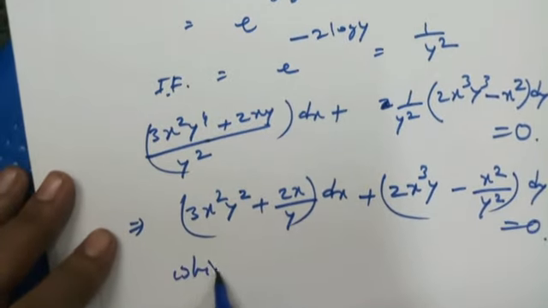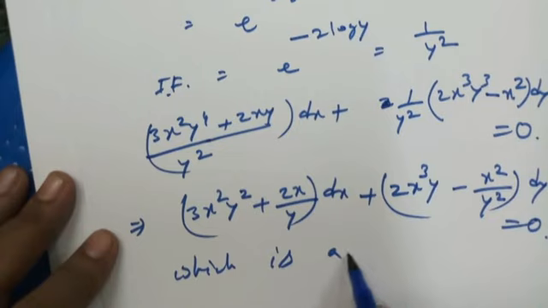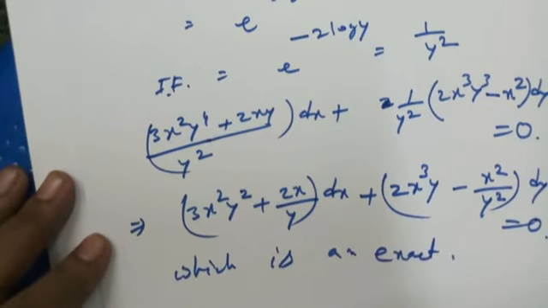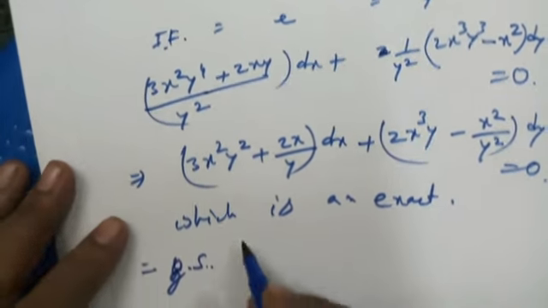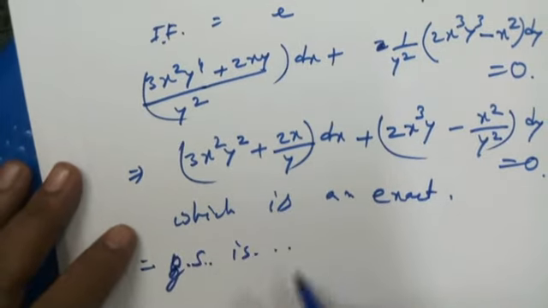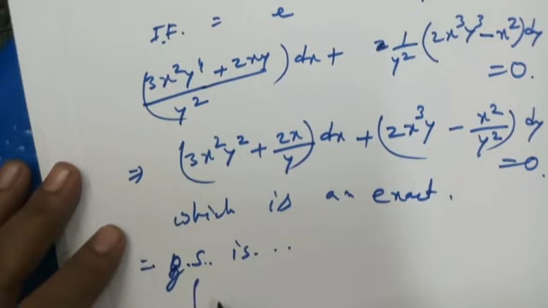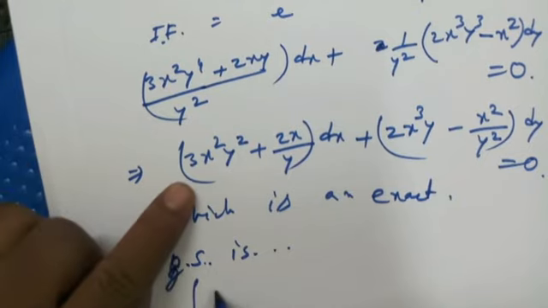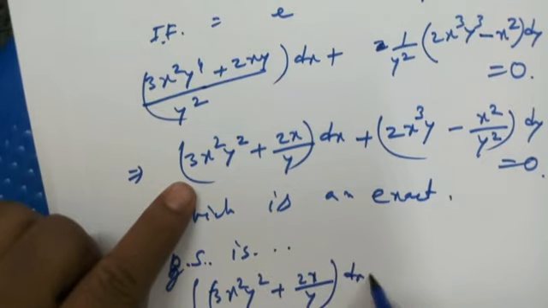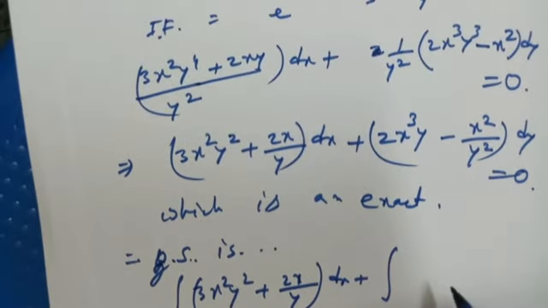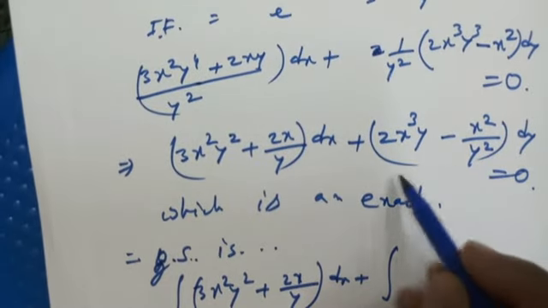which is an exact differential equation. Therefore the general solution is integral m dx. Here m is 3x square y square plus 2x upon y, dx, plus terms of n not containing x.